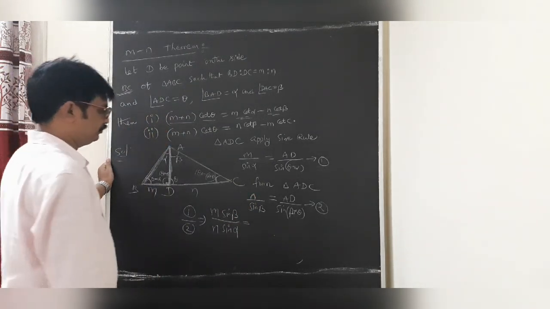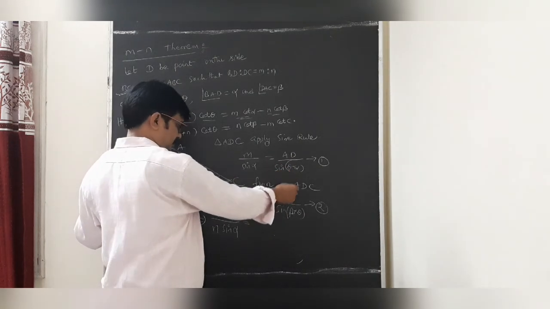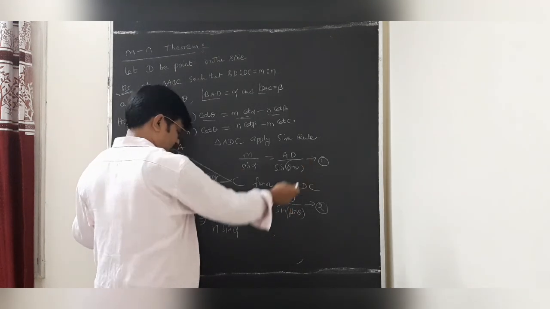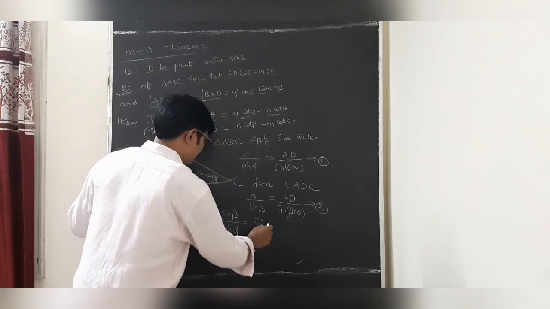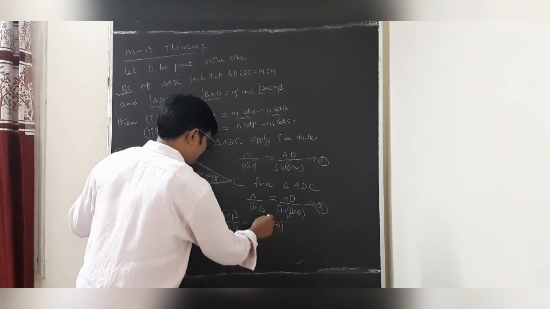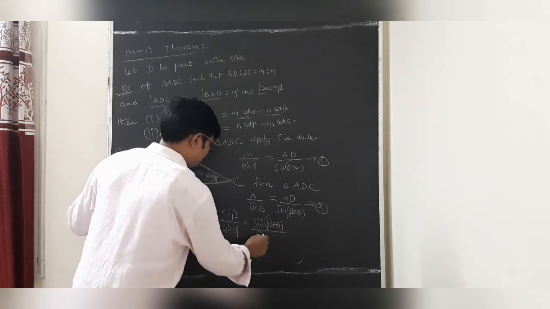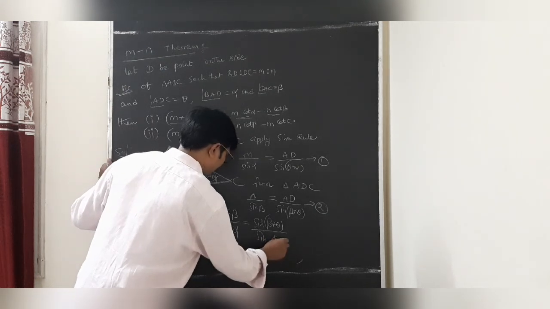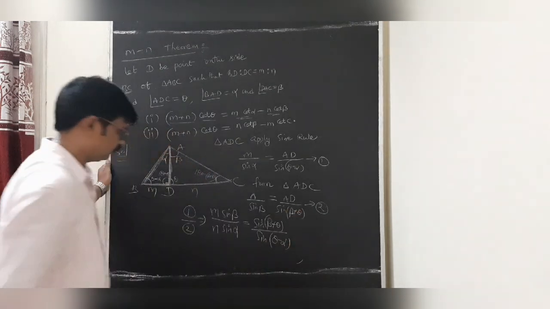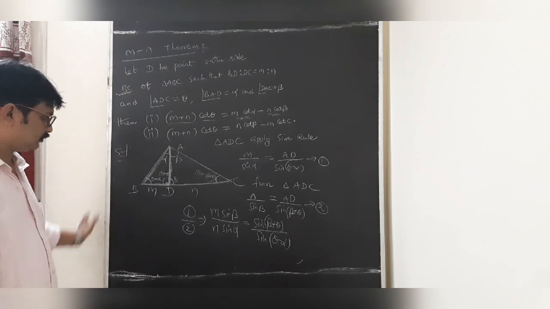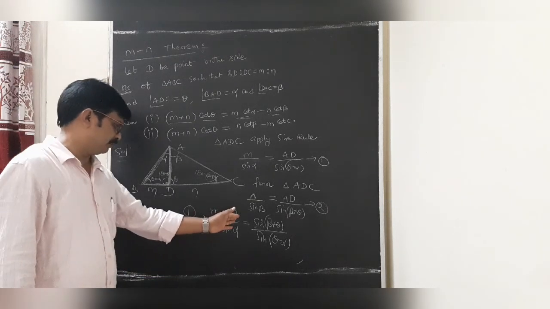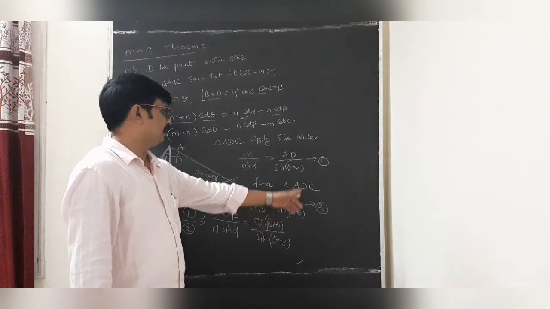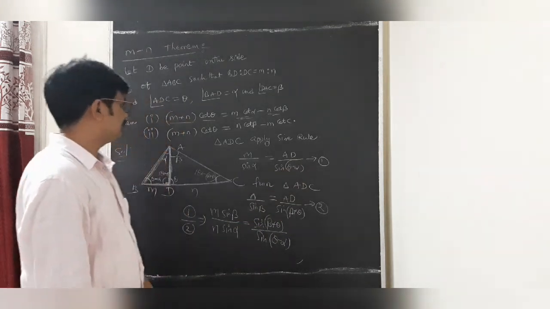Now students, here AD by sine(theta minus alpha) upon AD by sine(beta plus theta). This will be sent to the numerator: sine of (beta plus theta) upon sine of (theta minus alpha). Okay students? So we got m sine beta by n sine alpha equal to sine of (beta plus theta) by sine of (theta minus alpha).